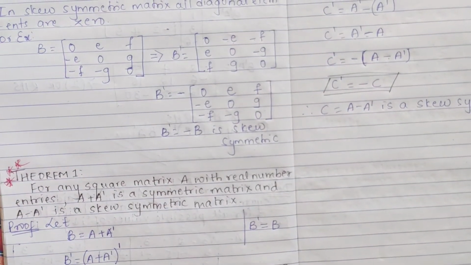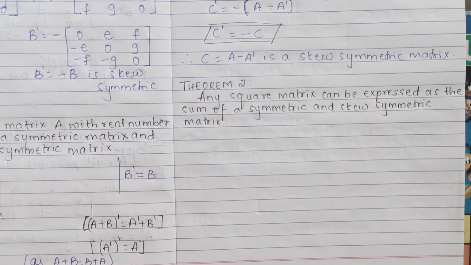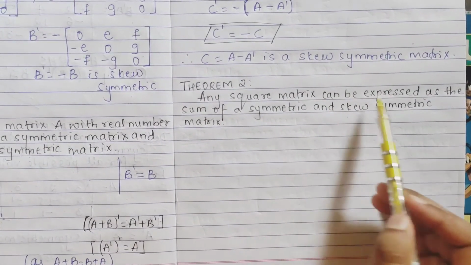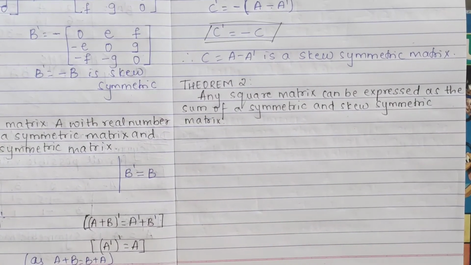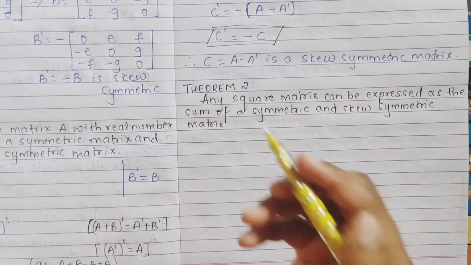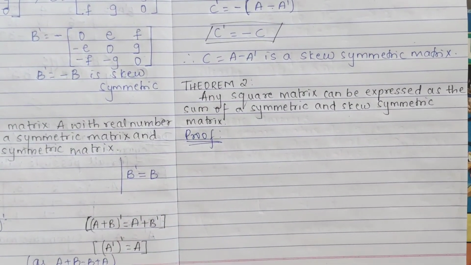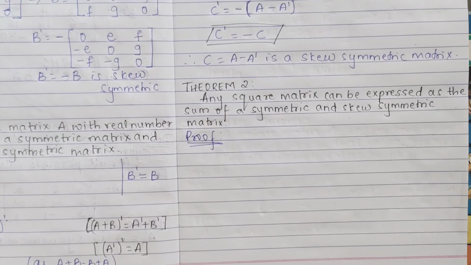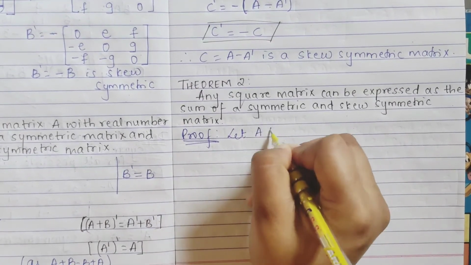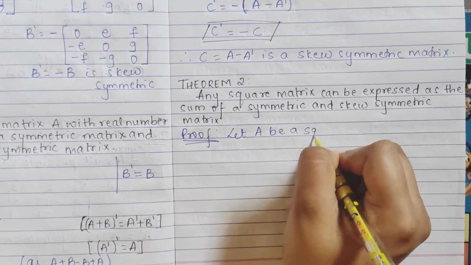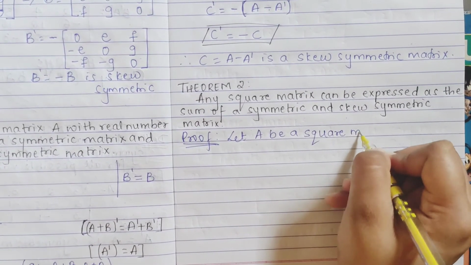We'll see one more theorem. Next is theorem 2: any square matrix can be expressed as the sum of a symmetric and a skew symmetric matrix. This proof is very simple. It is just writing the sentences. So for the proof, you can write: let A be a square matrix.